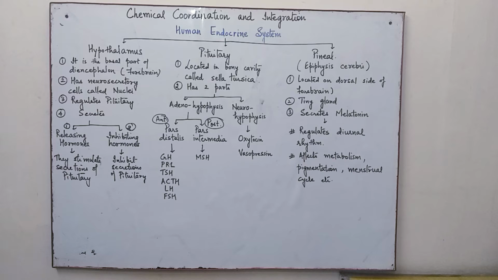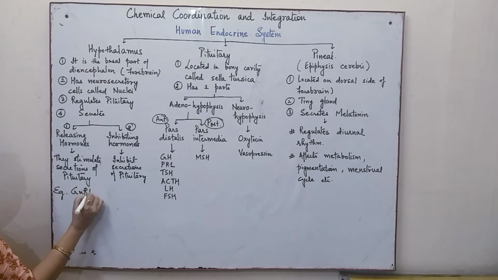Now, we can understand this by example. A hormone which is known as gonadotropin hormone, or we also call it GnRH, that is gonadotropin releasing hormone, stimulates the pituitary, which in turn helps in the release of gonadotropins, that is the hormones which will be released by the ovary and the testis.